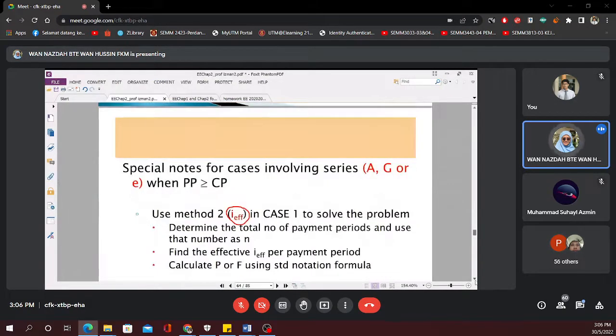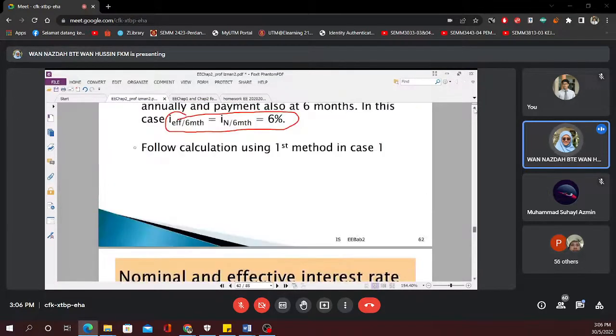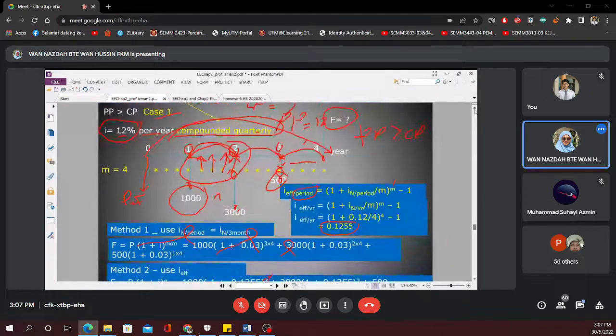Alright, and there is also a special case where a series of answers is required, for example A, G or E. This only happens for the situation of payment period greater or equal to CP. What we looked for earlier was a single payment. You want to determine the value of F, not A, not E. Single payment.